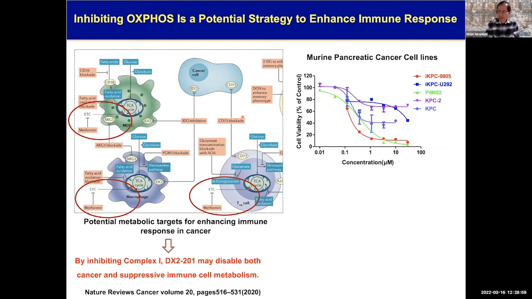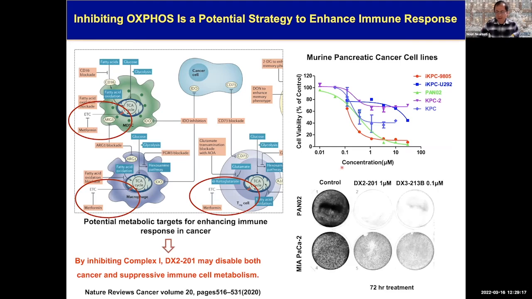We tried to get as many mouse cell lines as we could find. Unfortunately, there are not too many mouse cell lines to test our drug, but the one that we tested, we see that these PANO2 cells are extremely sensitive to the drug. As you can see, compared to MiaPaCa, for example, that we were using earlier, the PANO2 cells are very sensitive to the drug in a colony formation assay.